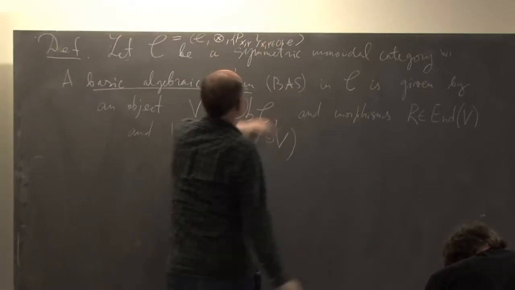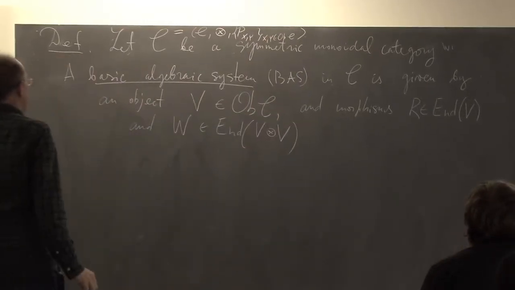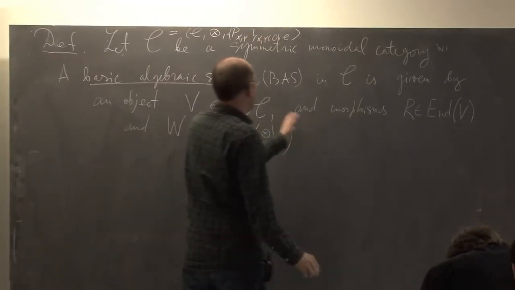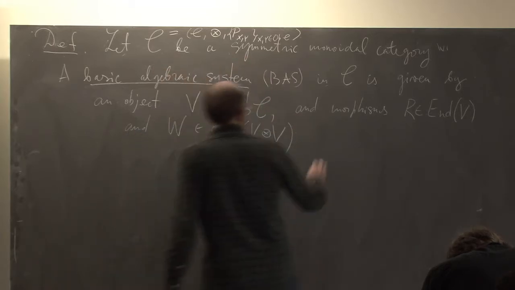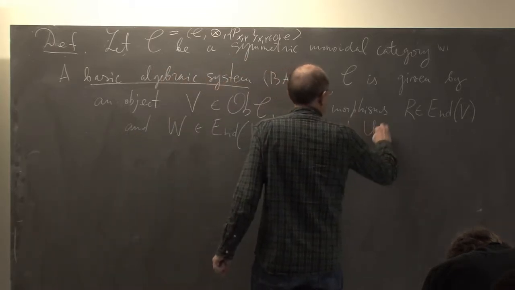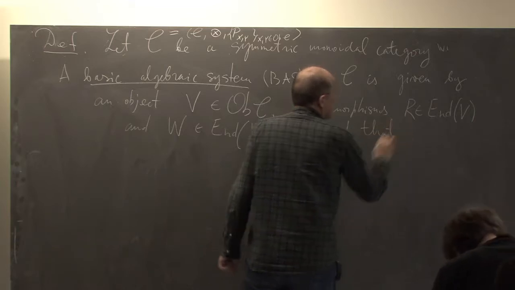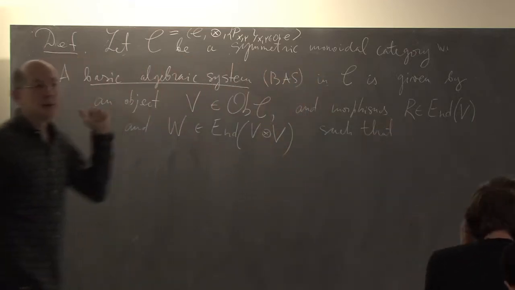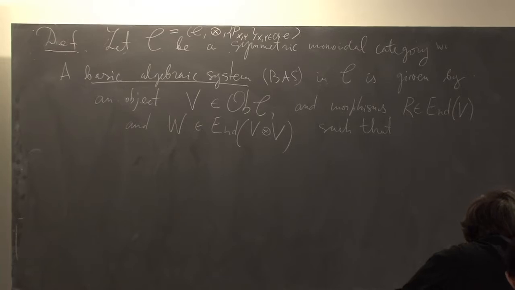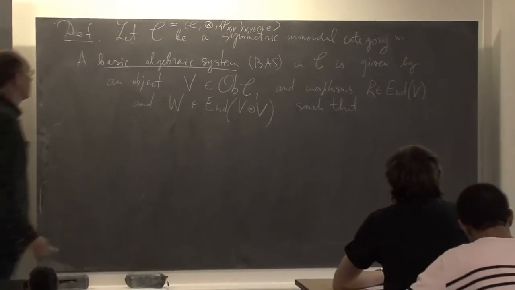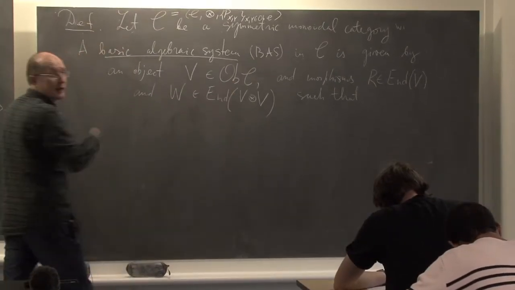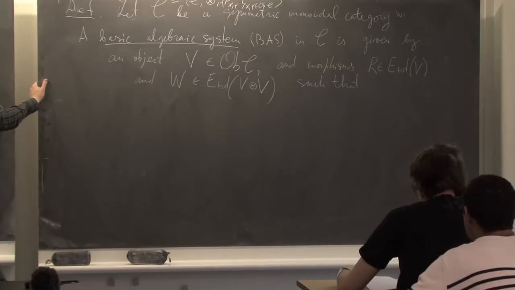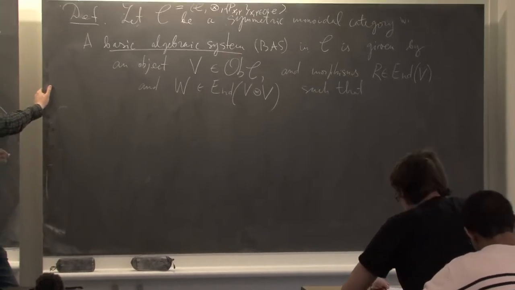Sorry for the mess. Okay, morphisms such that. So the idea of this definition is to use the previous theorem, and you will see. So such that I will write relations which mimic the relations we had in the theorem.